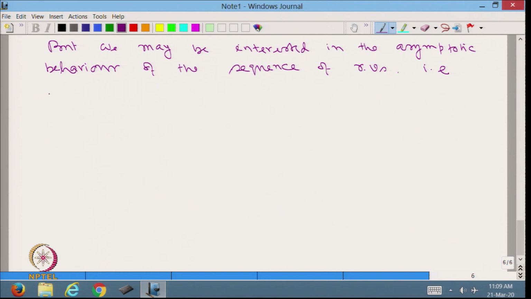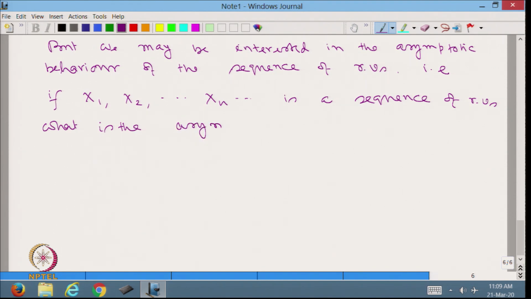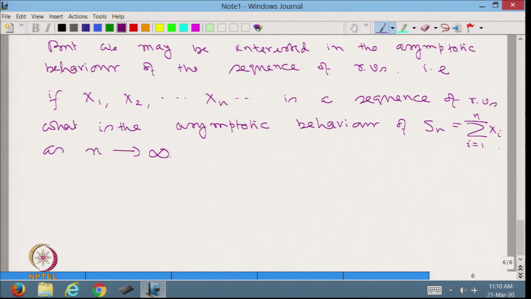That is, if x1, x2, ..., xn is a sequence of random variables, what is the asymptotic behavior of Sn equal to the sum of xi, i equal to 1 to n, as n goes to infinity?